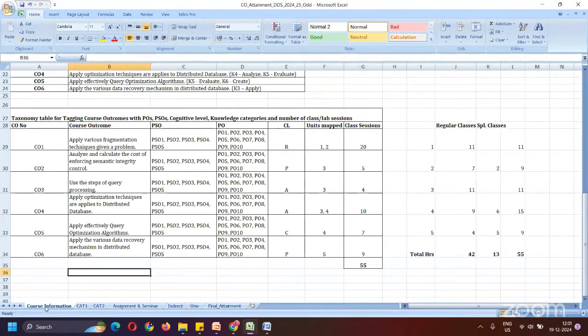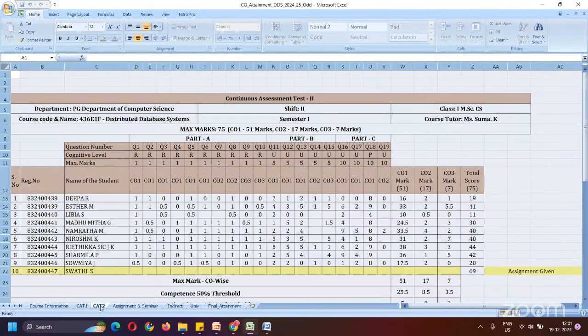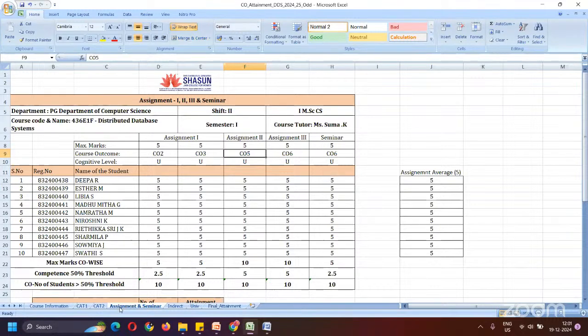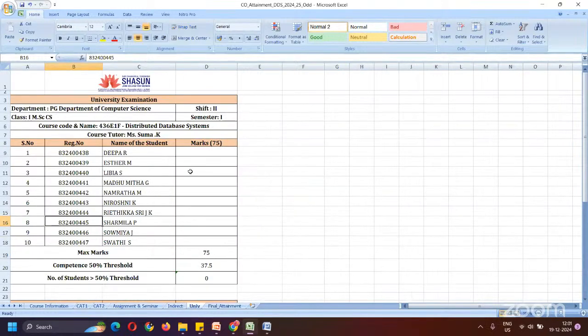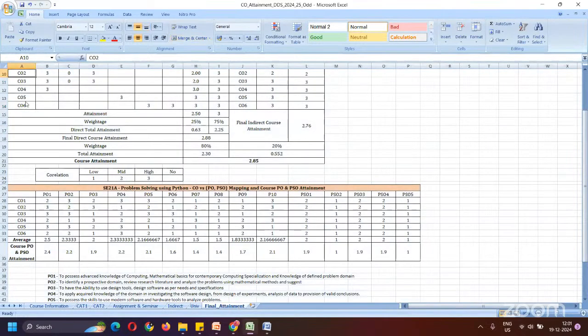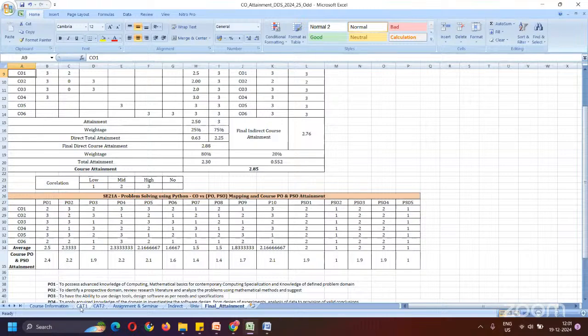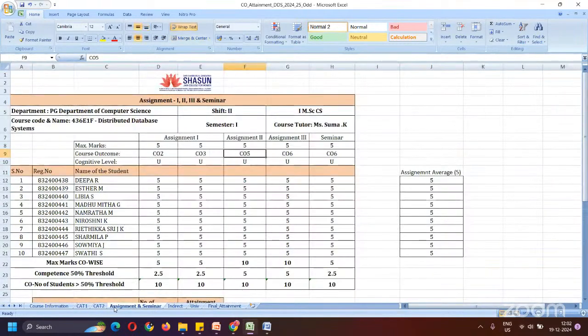See, this is my complete course. CAT 1, I have conducted, CAT 2. I have given 3 assignments and 1 seminar, which have been tagged with different COs. And also, I have an indirect attainment when it comes to CO. So, the university exam, and I get the results for the university, and it is your final assessment. So, for internal calculation I have two internal assessments, 3 assignments, and 1 seminar component.